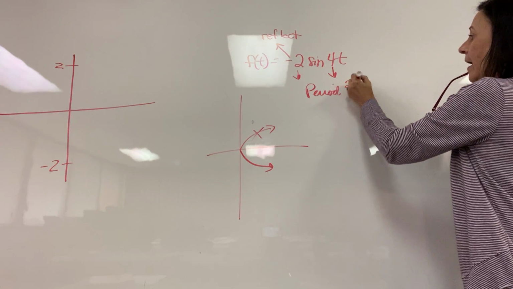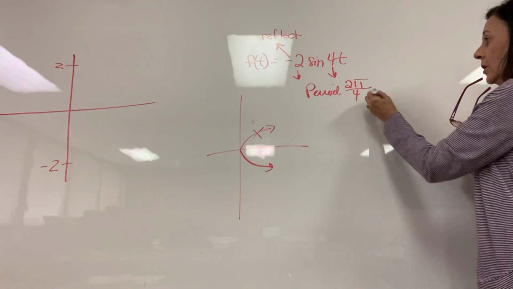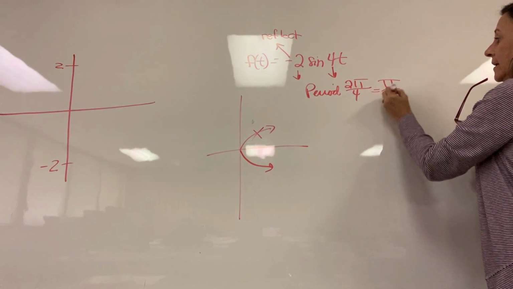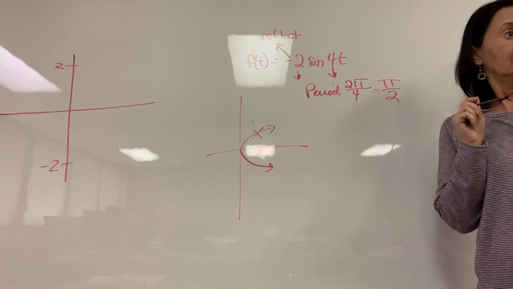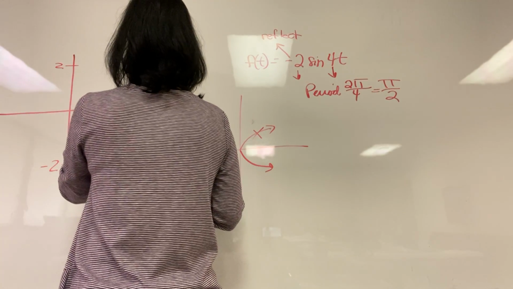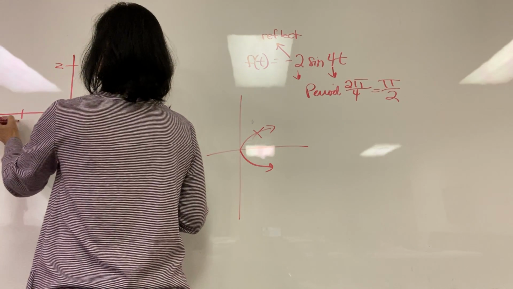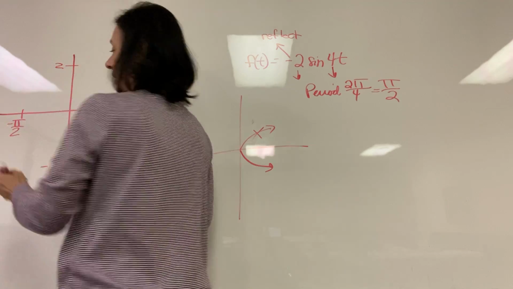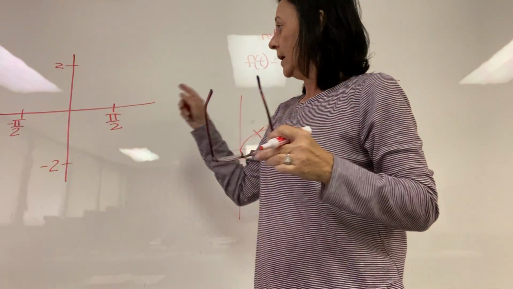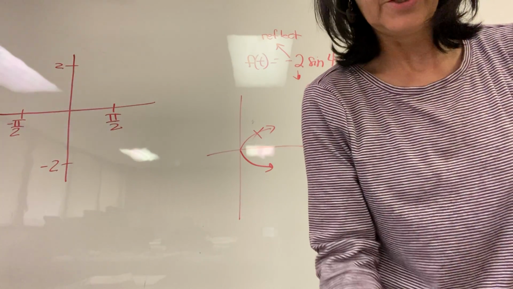It's going to be 2 pi over 4, right? 2 pi over that b value, which simplifies to pi over 2. So we're going to complete one whole cycle between 0 and pi over 2.